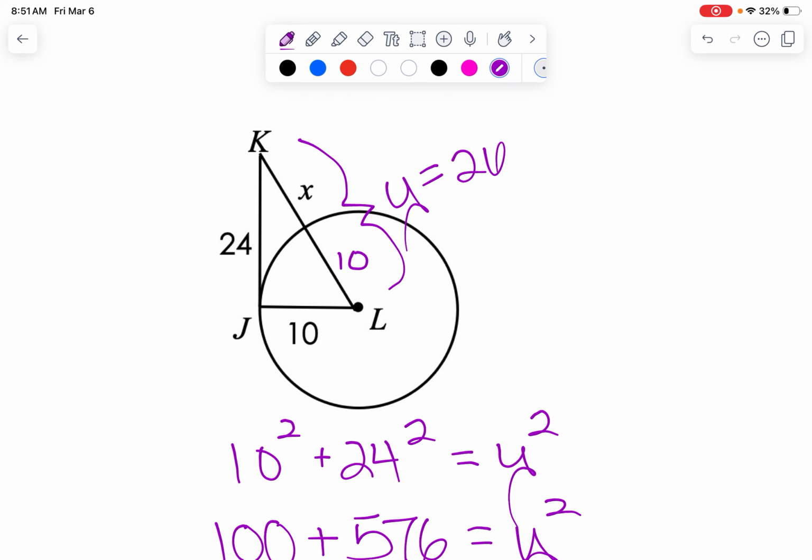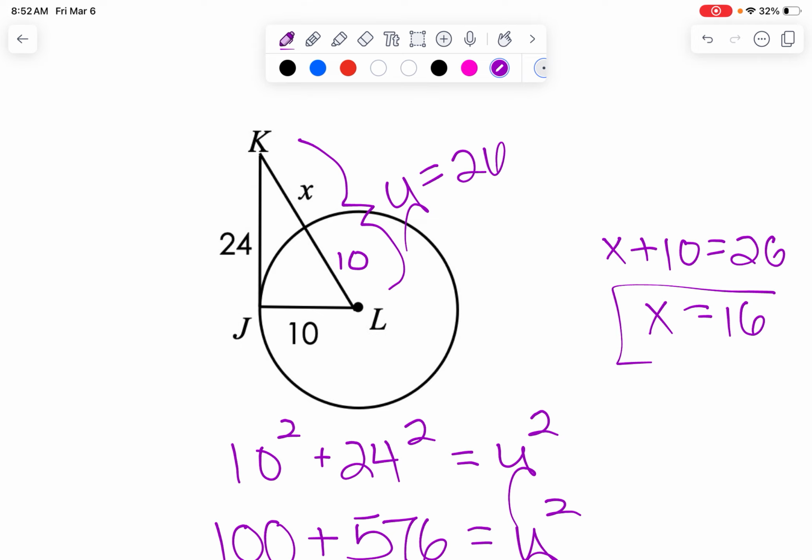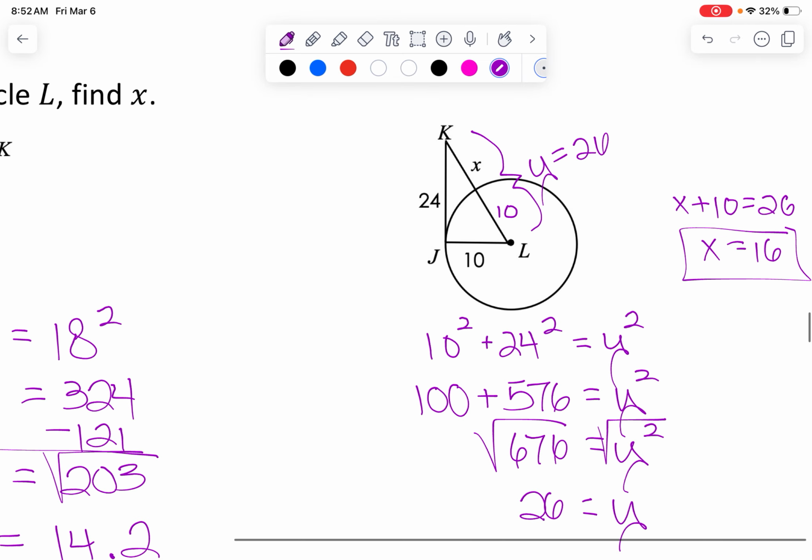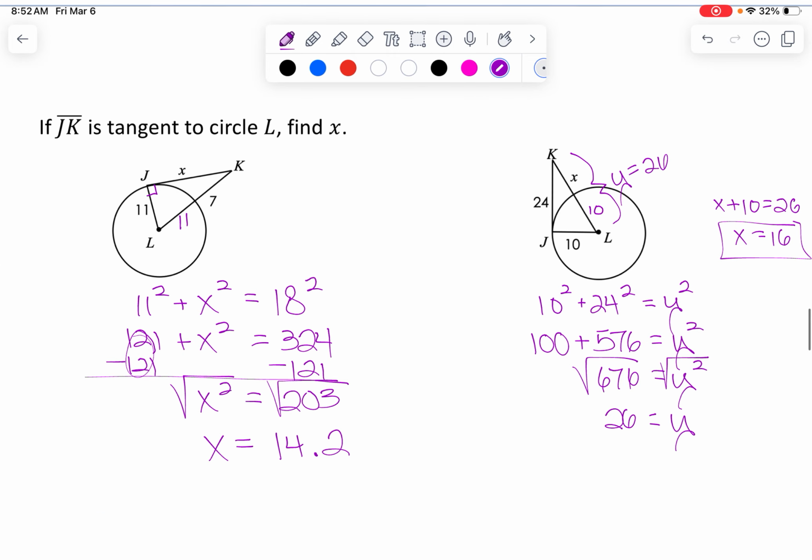If I want to know what x is, I'm just going to say x plus 10 has to be equal to 26. Subtract 10 from both sides, so x is 16. Cool. So that's one way to do it. There are other ways to do that, but I think that might be a little easier way to try those.